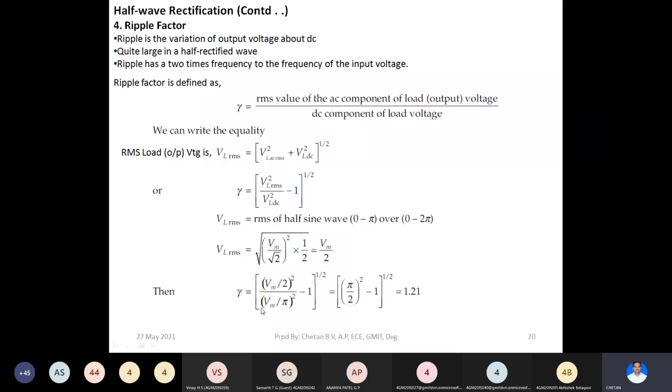Approximately this would be reduced to pi by 2 whole square minus 1, and there is a square root here, which will be approximately equal to 1.21. So you can observe here, it is 1.21. It means that almost more than 100% you have the ripple content or the AC content in the obtained output voltage of this half wave rectifier.